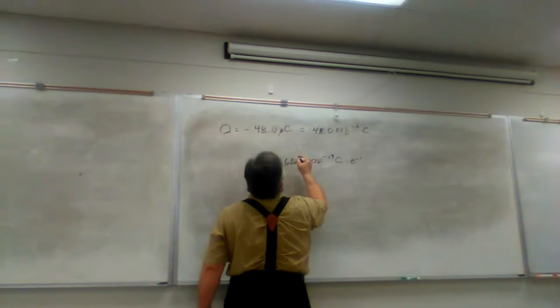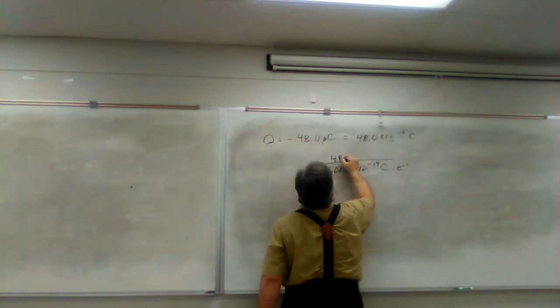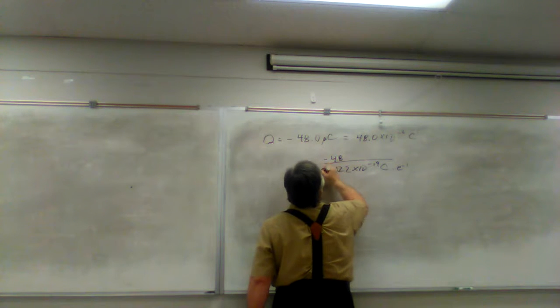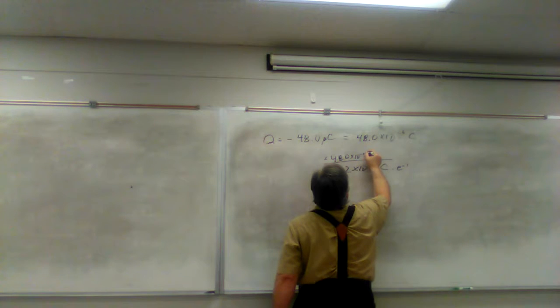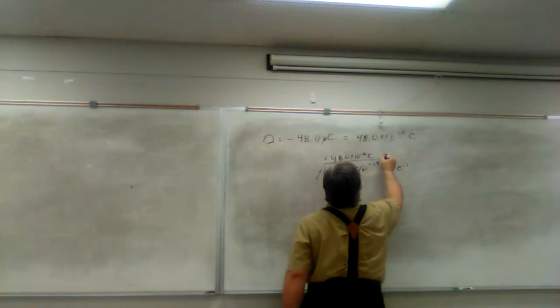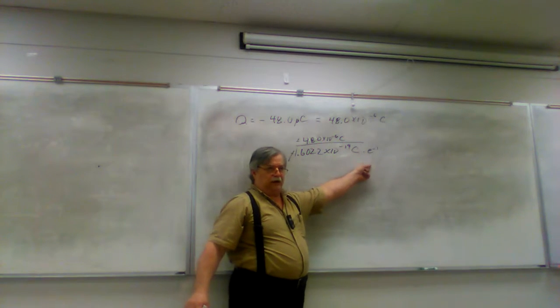Divide this, 48, actually they're both minus, which cancels out. 48.0 times 10 to the minus 6 coulombs by this many coulombs per electron.